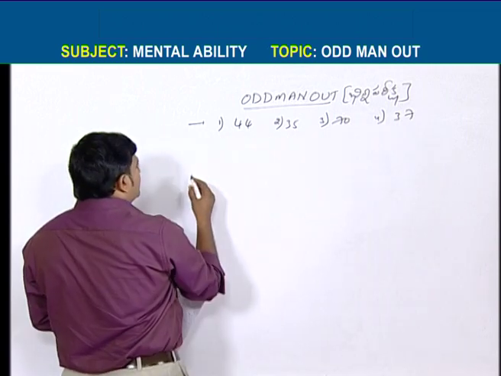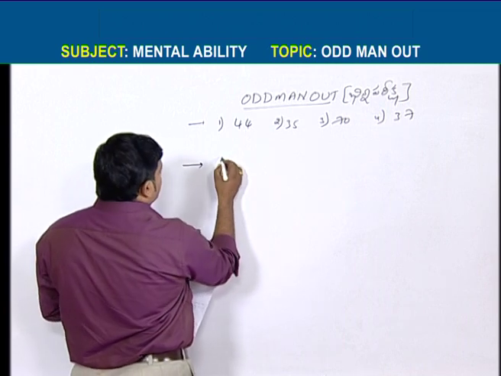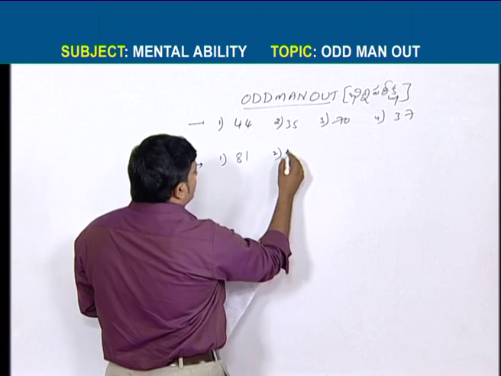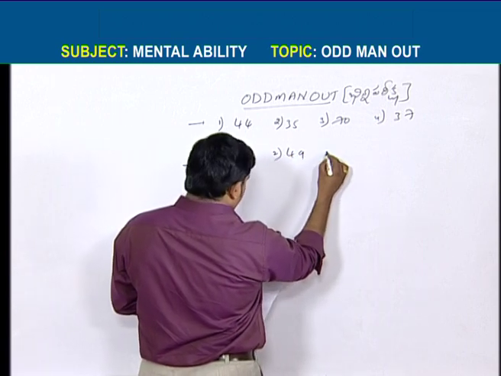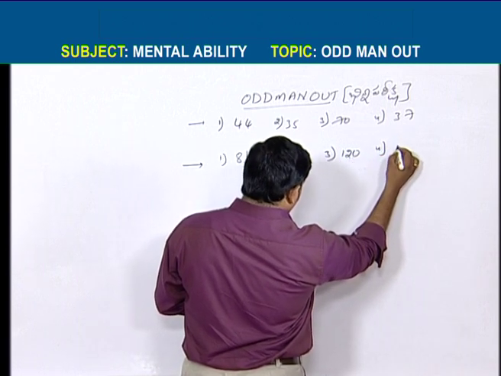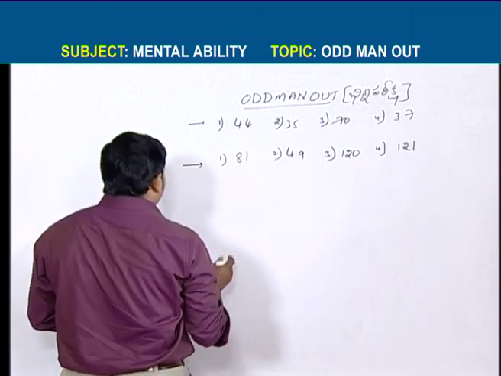That is the first question about odd man out. Now the second question: first option 81, second option 49, third option 120, and fourth option 121.